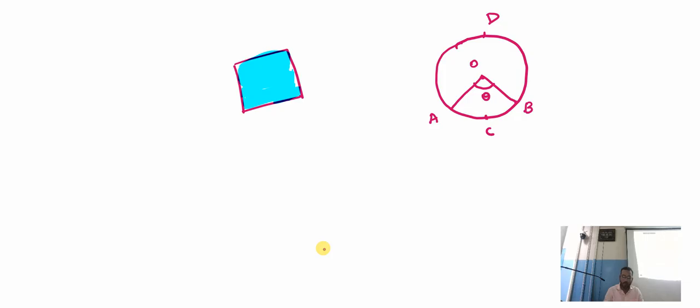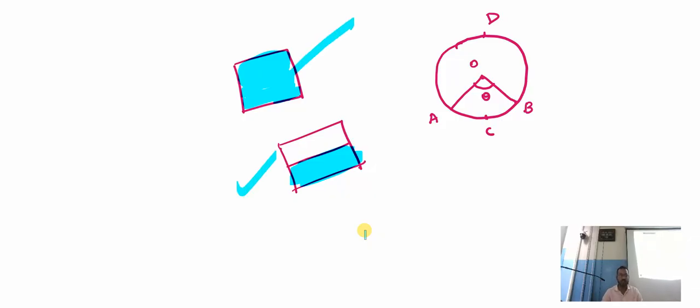Similarly, I am going to take one more box in which I draw one line, and here also I shade. Do you see a difference between this figure and this figure? Yes, we have a difference, right? Here the complete box is shaded. Here not the complete box is shaded. Only a partial part of the box is shaded.